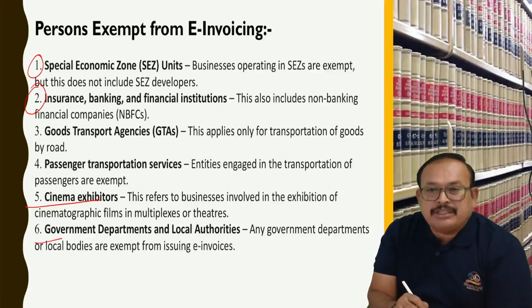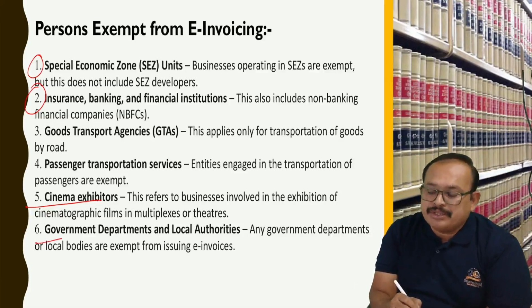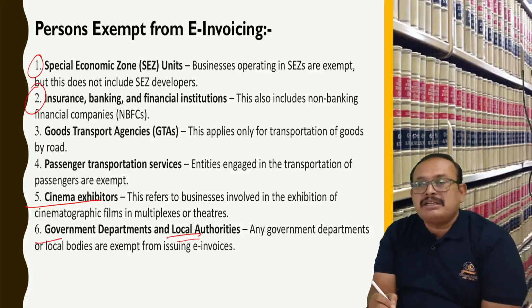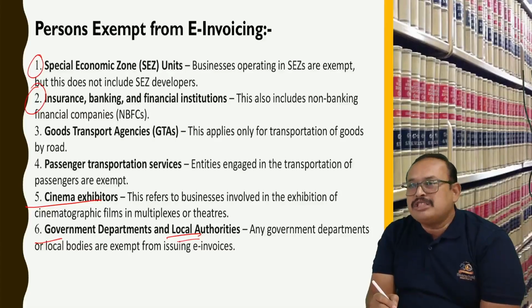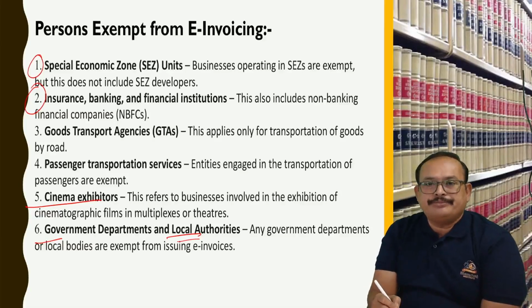Government departments, central government, state government, their departments, local authorities such as Greater Chennai Corporation, a municipality, a corporation, a cantonment board or a panchayat: for them e-invoice is not applicable.